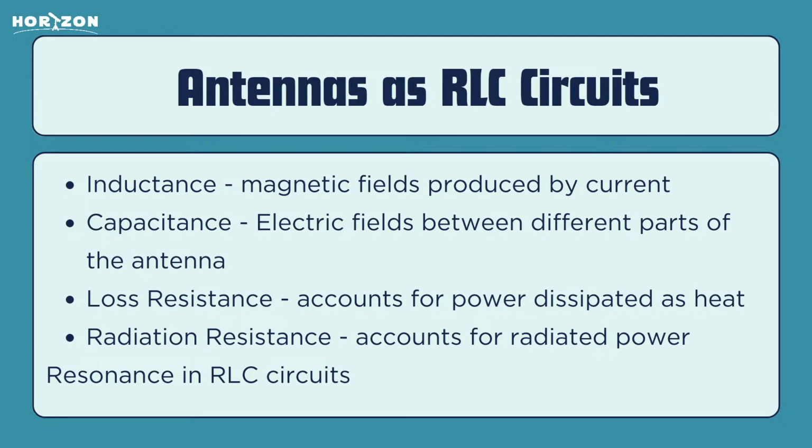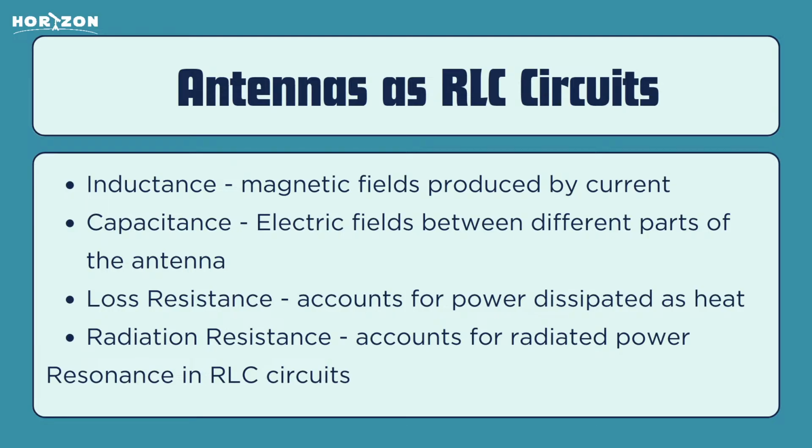Thank you, Srikiran. Let us take a look now at modeling antennas as RLC circuits. So RLC circuits have three main elements: inductance, capacitance, and resistance.